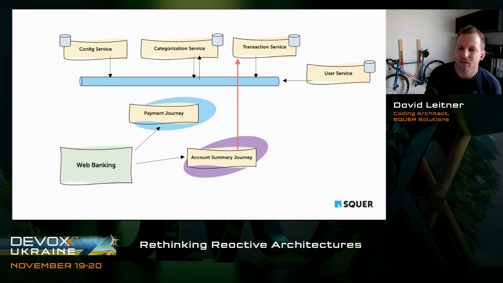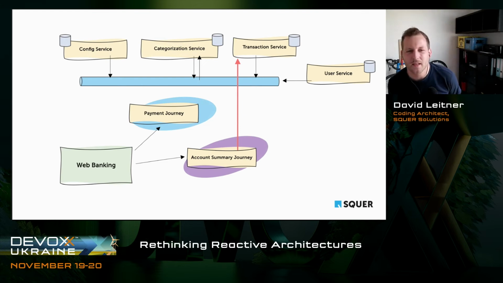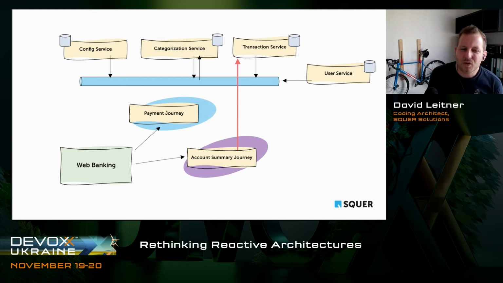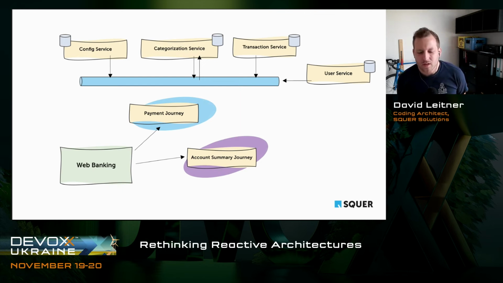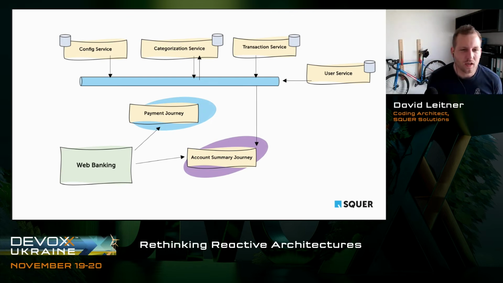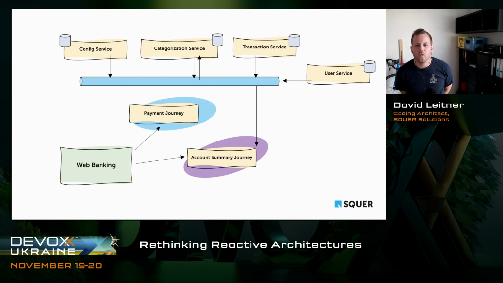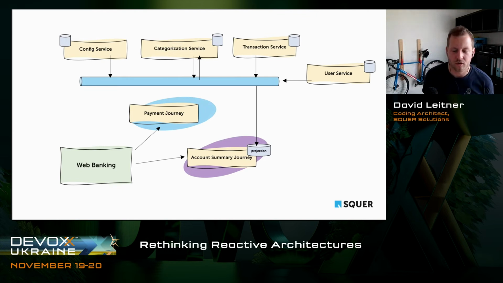We want to get rid of this. We want to go for downstream dependencies. And we want to say, hey, the transaction service doesn't need to know that the account summary journey is interested in transactions. What we usually do is we just say, hey, we subscribe as an account summary journey to those transaction events and put them into our local projection.